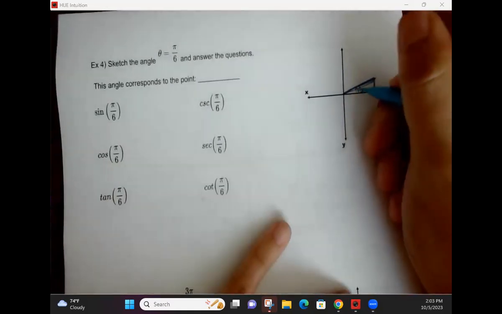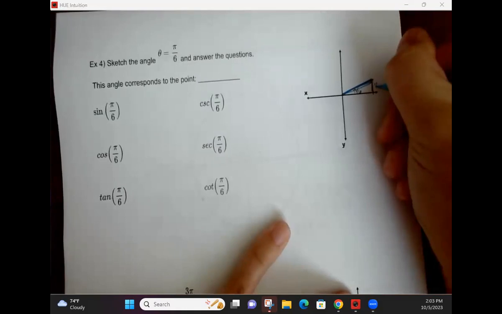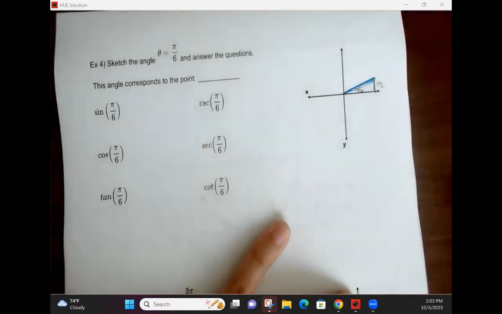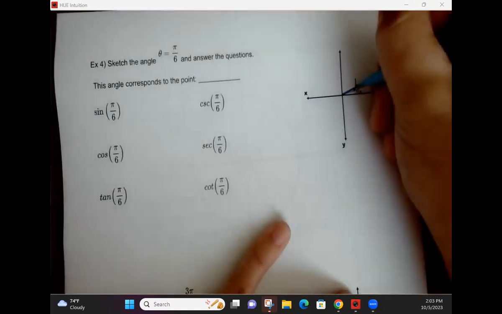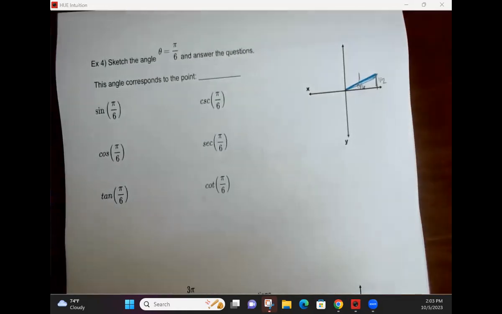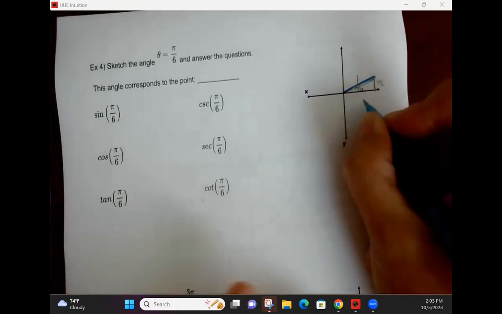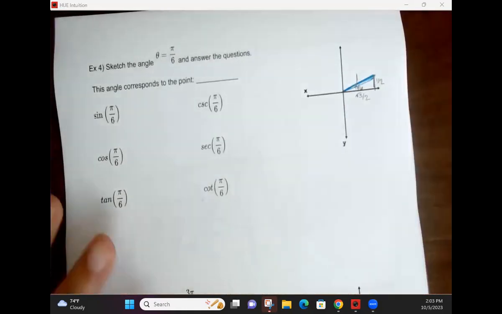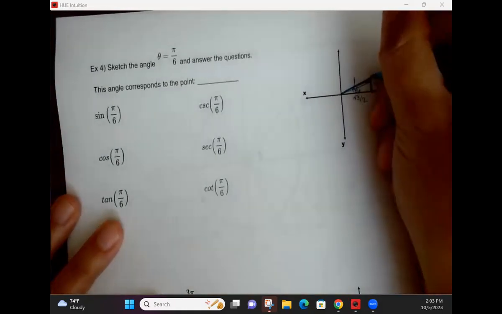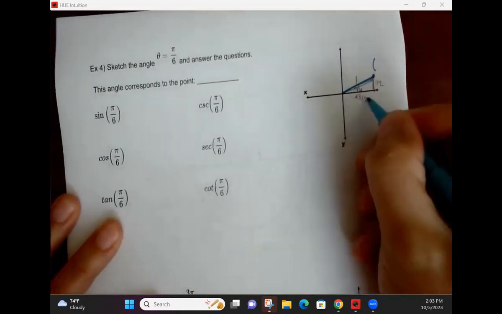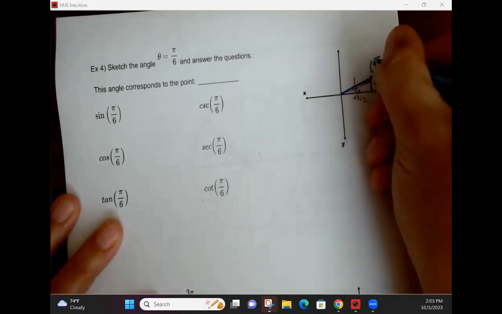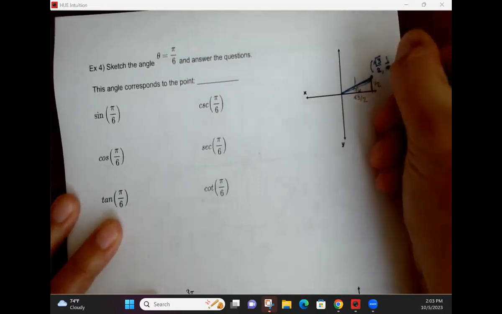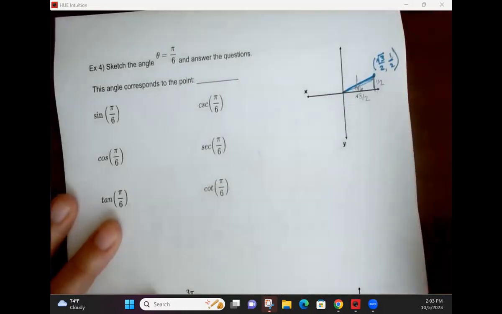Our smallest angle is going to be across from our shortest side. Our shortest side in this triangle is a half. Remember, our hypotenuse for all of these is going to be 1 because it's the unit circle and the radius is 1. And so then this other side would be root 3 over 2. So then this point here would be the point, remember it's x comma y, root 3 over 2 comma 1 half. That's our point.